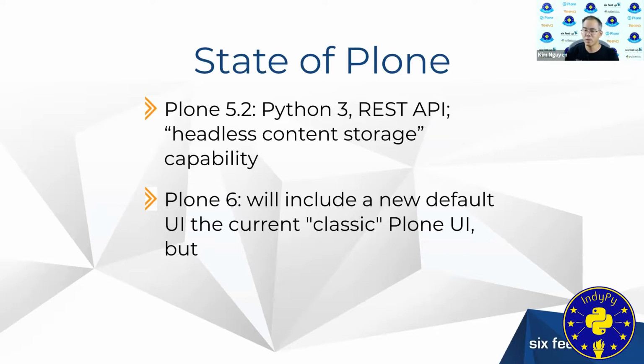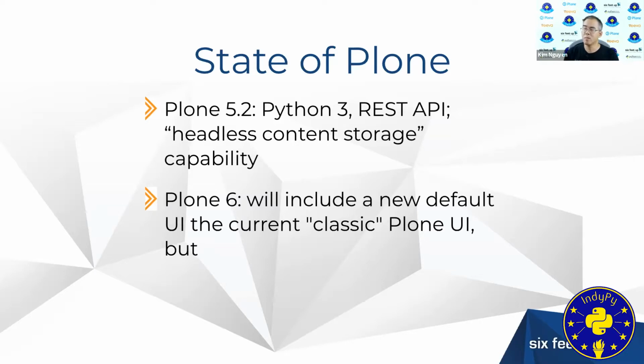So Plone 5.2 runs in Python 3, and now the REST API is part of Plone Core. And the REST API is that get out of jail card that Paul was talking about, where Python applications can just make this interface available on the web, and then any sort of front end can talk through this API to the backend store.